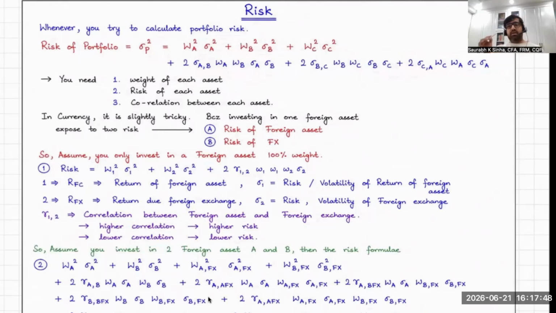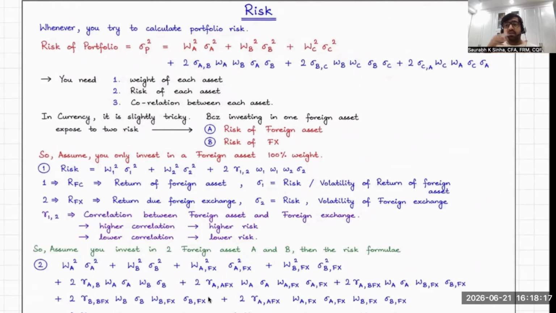So whenever you try to find out the risk of the portfolio, you need three things. The weight of each asset, WA, WB, WC, the risk of each asset, sigma A, sigma B, sigma C, and the correlation between each asset, the correlation between A and B, the correlation between A and C, right? You need these three things.